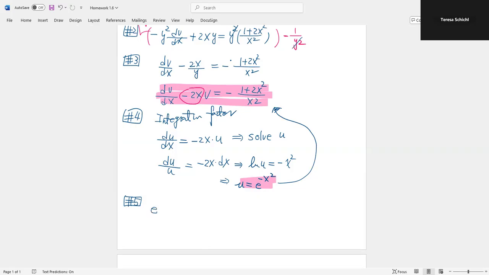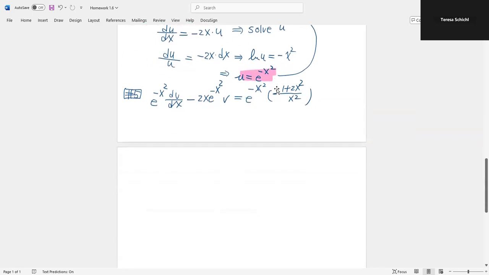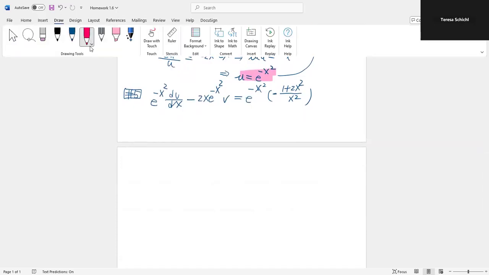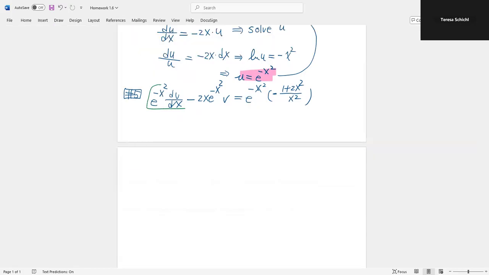So my equation is going to be e to the negative x squared dv/dx minus 2x e to the negative x squared v is equal to e to the negative x squared times negative 1 plus 2x squared.